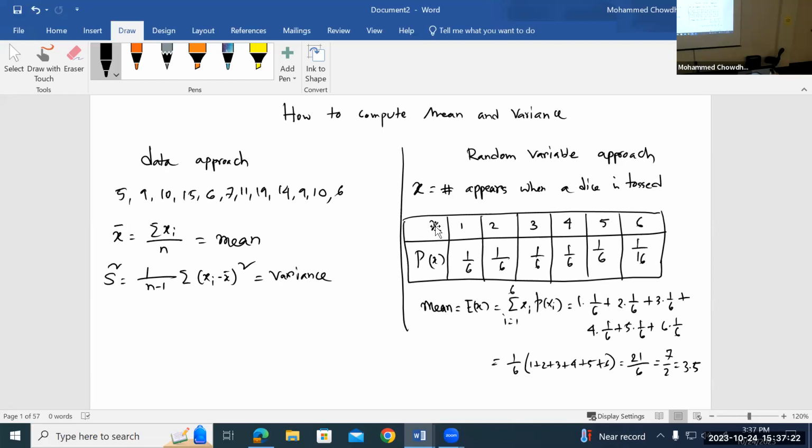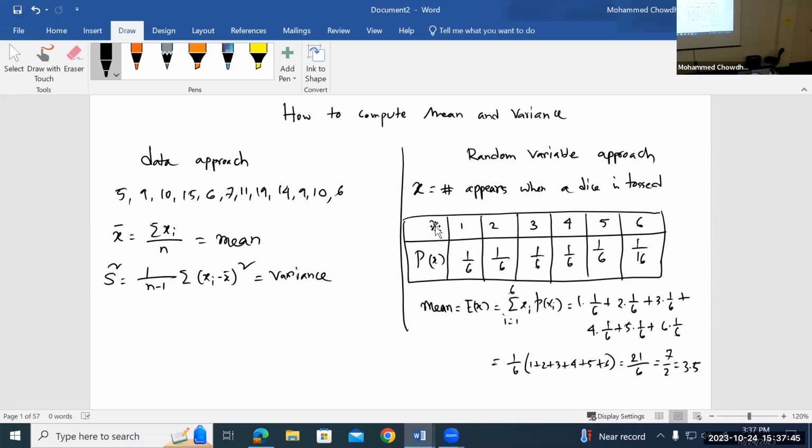Independent variable, understand. X is the independent variable. Yes, it is right because you are tossing the die. X stands for the number that appears on a die, right?